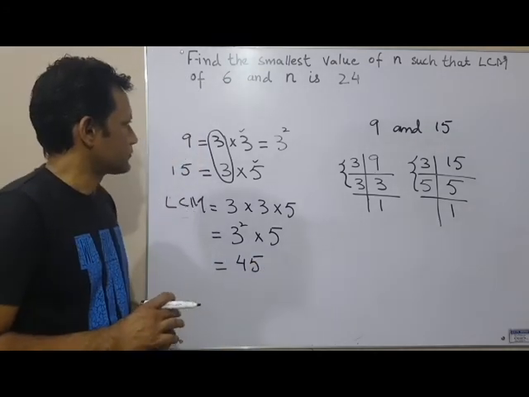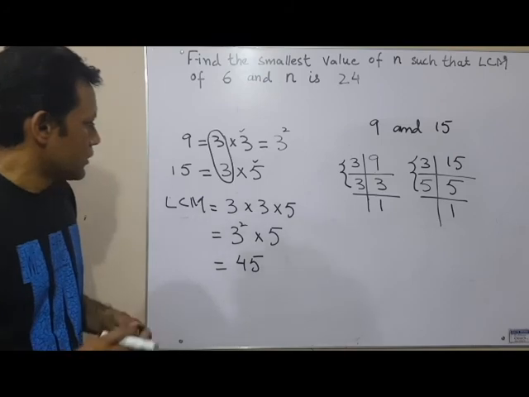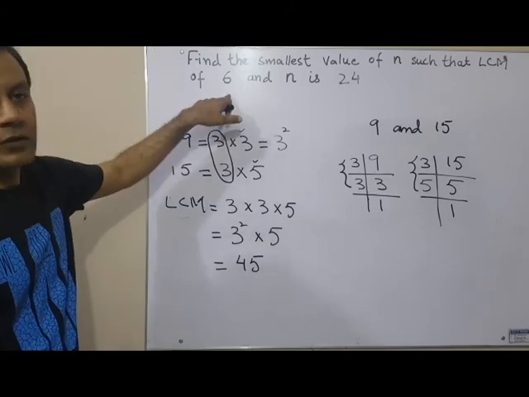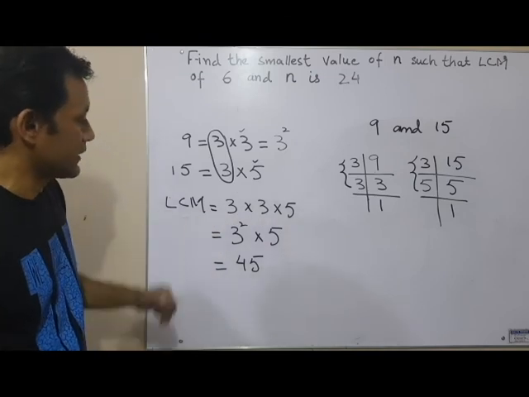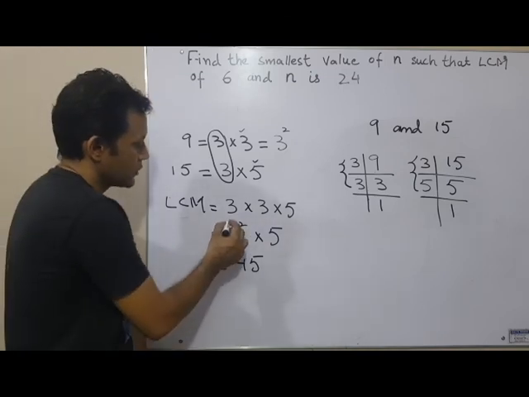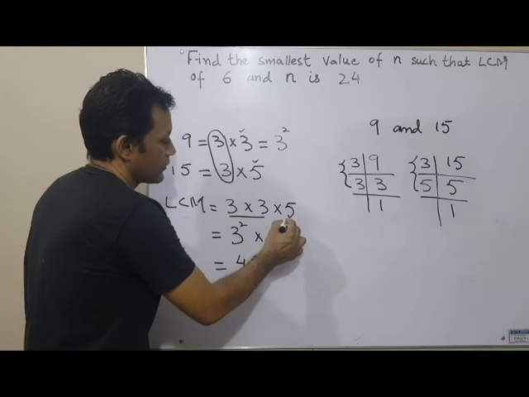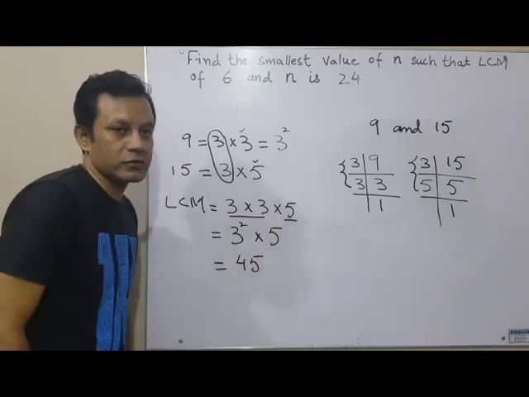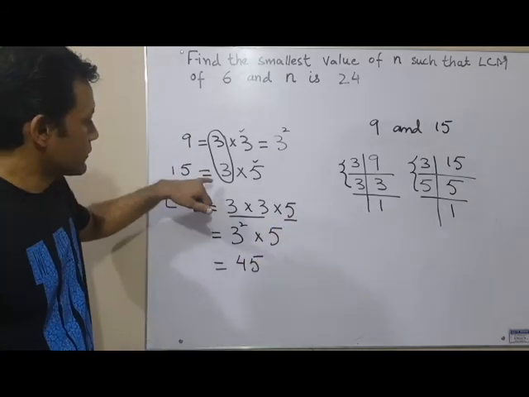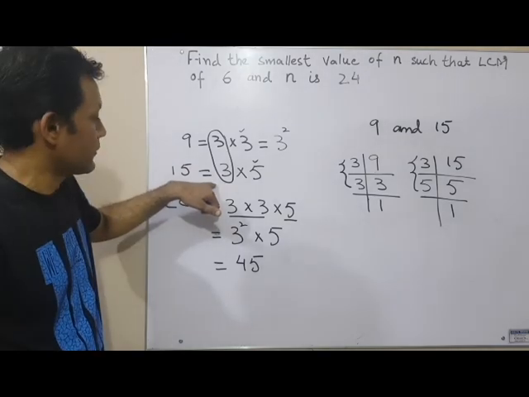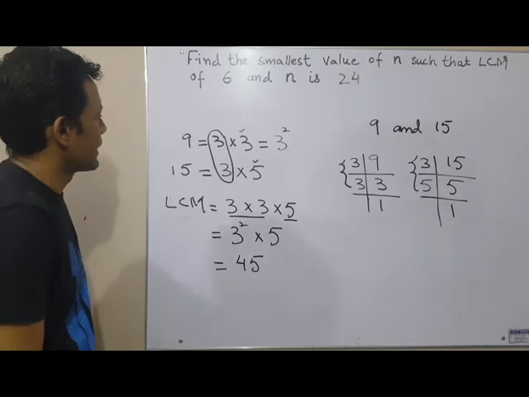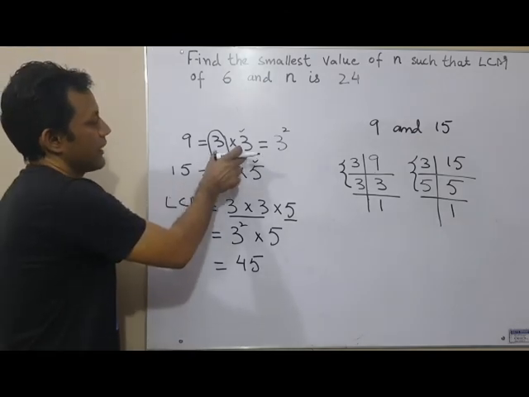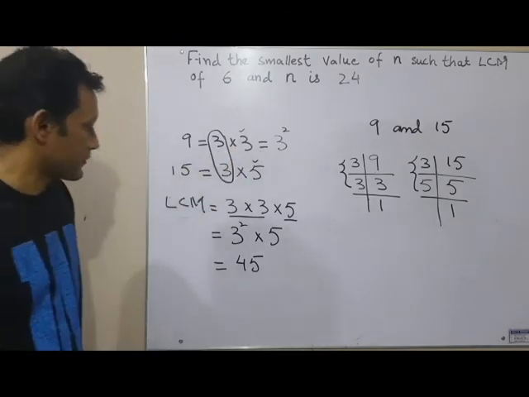Now the key factor to understand this problem is that we have to see the factors of the LCM. We can see there are 2 3s present and 1 5 in the prime factors of the LCM. The prime factors of 15 have only 1 3 and 1 5, and the prime factors of 9 have 2 3s.